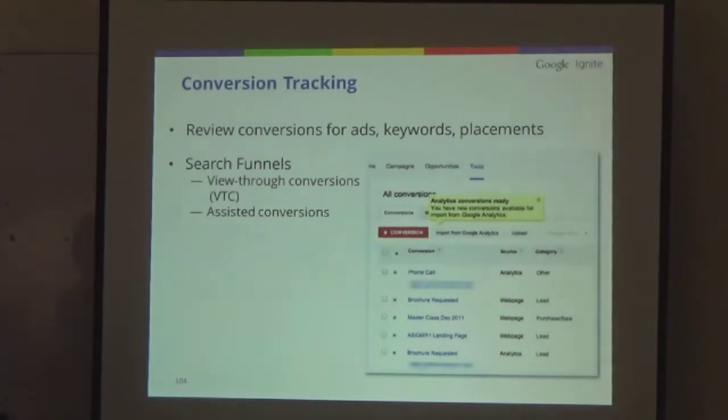Similarly, in advanced display we talk about assisted conversions, available in search funnels, which look at the clicks or the words, or in this case the sites, that actually assist the consumer or user that eventually makes a purchase. So assisted conversions and view through conversions will be asked, normally in the topics on conversion tracking.